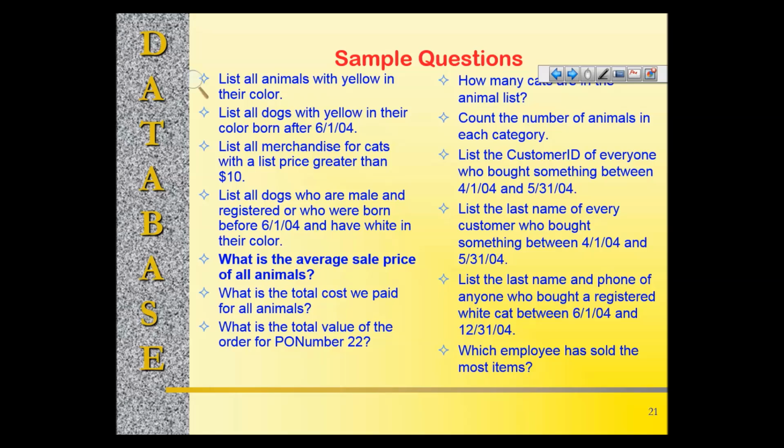So the question is the average sale price for all animals. So we need the sale price and all animals in that table. So which table is it? Profit rate. So now let's create the sale price.